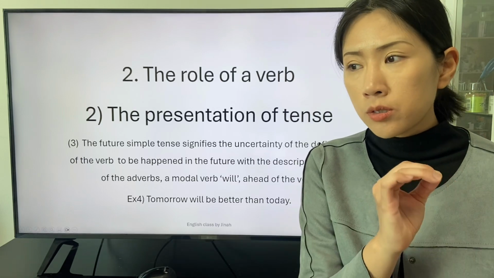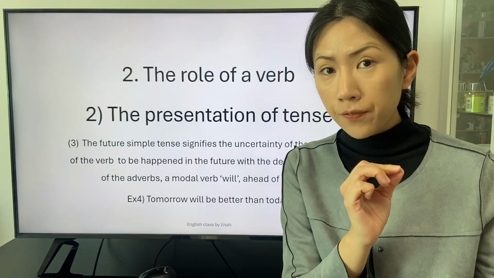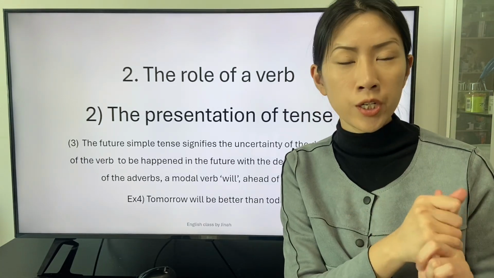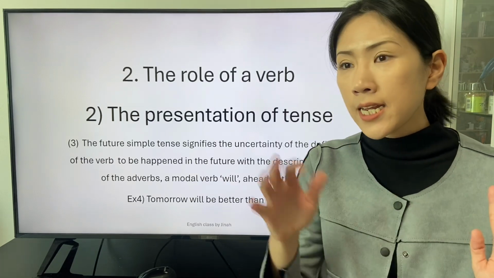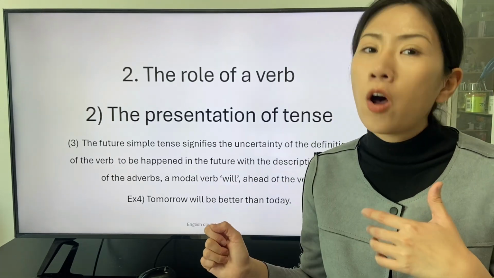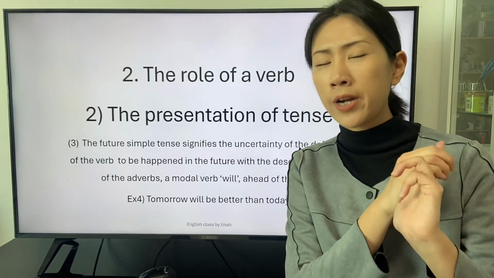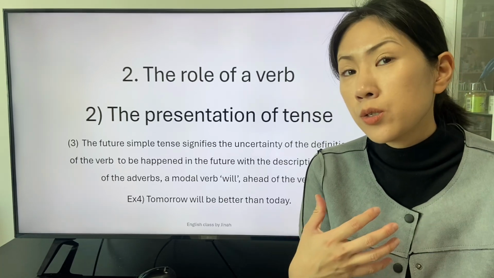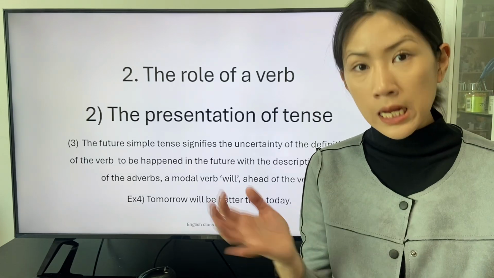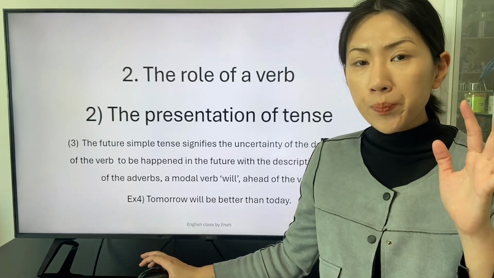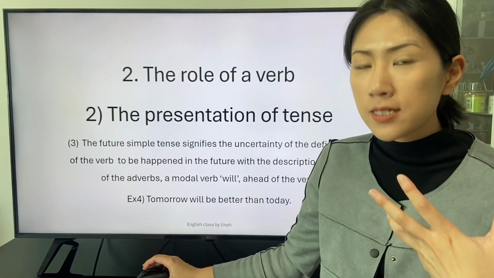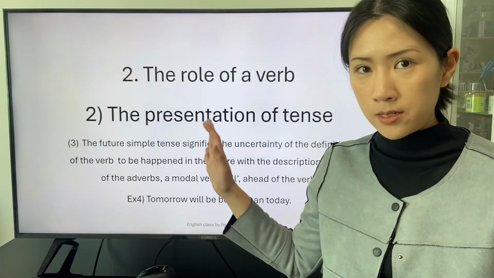Compared to the future experience, condition, or action stated in the present tense, the uncertain experience, condition, or action expected to happen in the future is stated in the future tense.